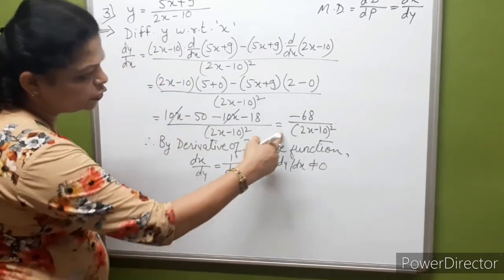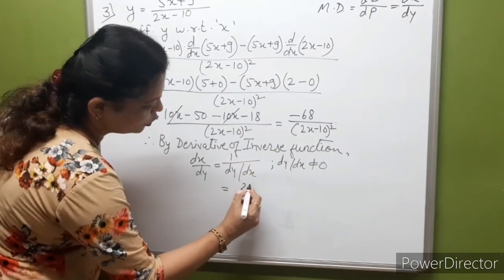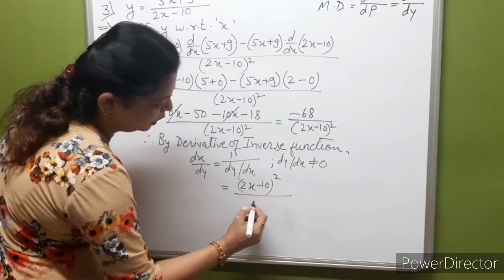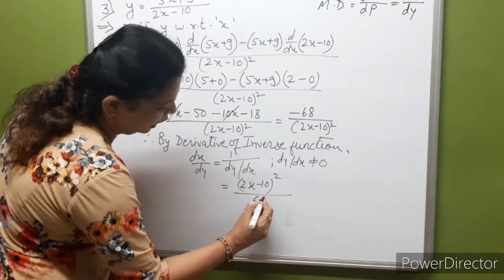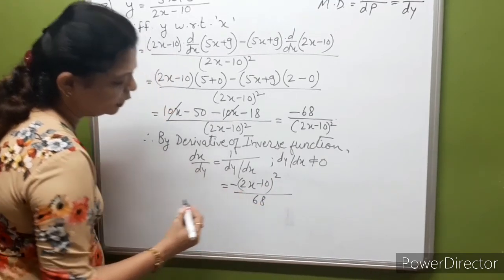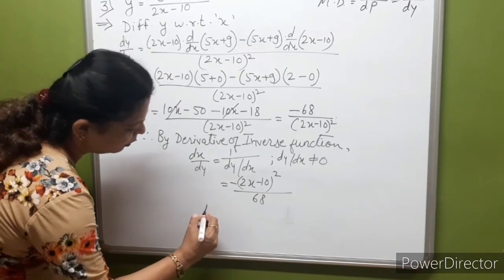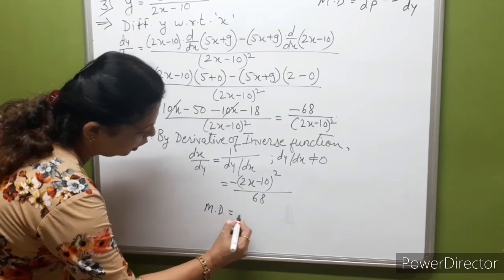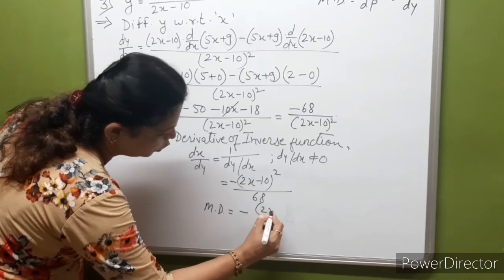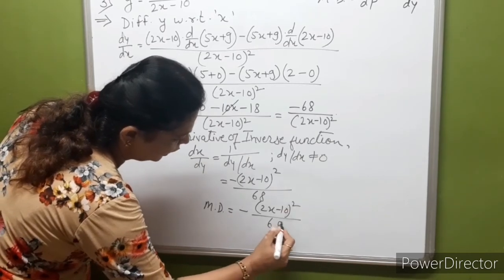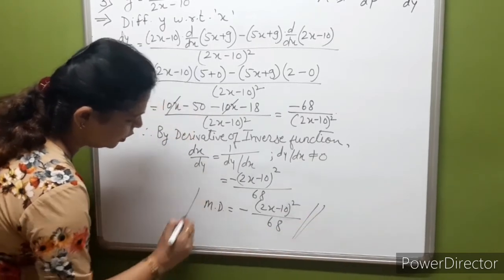So you get the reciprocal of this, that is 2x minus 10 the whole square upon 68. This minus sign I will put up. So you get marginal demand is equal to negation of 2x minus 10 the whole square upon 68. This is your final answer.